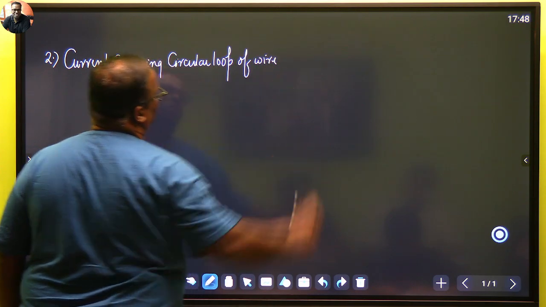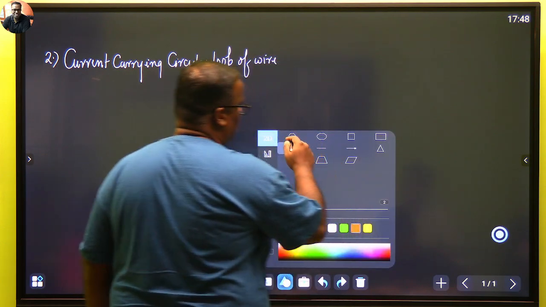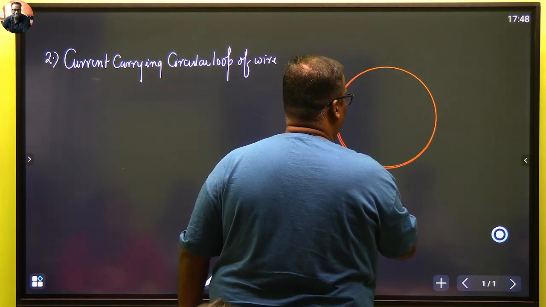Circular loop means something like a hula hoop. Okay, I just want to check one thing. Yes, here also a rule will come.